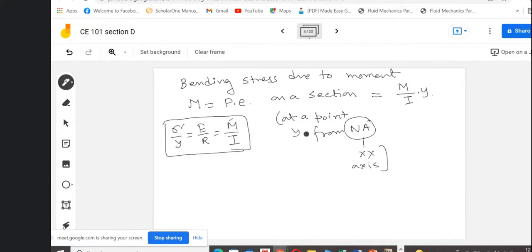So at any distance y from the neutral axis, the bending stress is M by I into y, where M is the moment acting on the section, that means this one. So P into E, I into Y, where I is the moment of inertia of the section about the neutral axis, or here the XX axis.